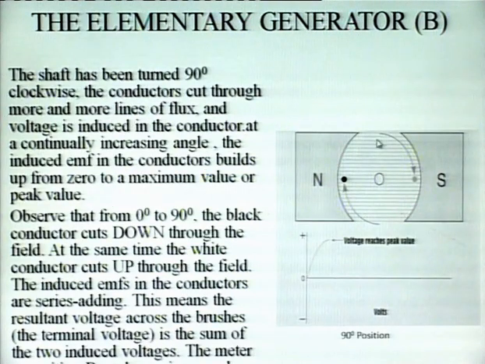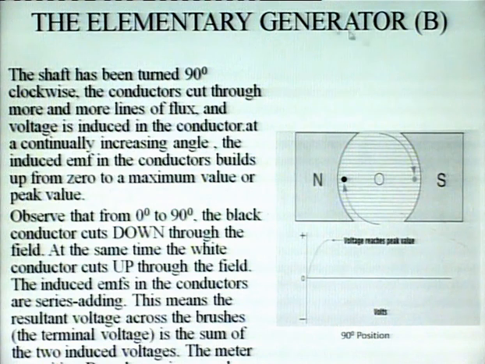Second, when we move the conductor from 0 degree to 90 degree, if we turn the shaft 90 degree clockwise, then flux cutting is increasing, and at 90 degree angle flux cutting will be maximum.